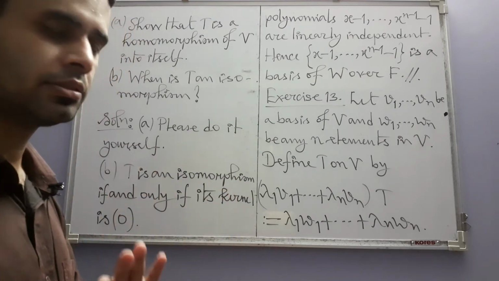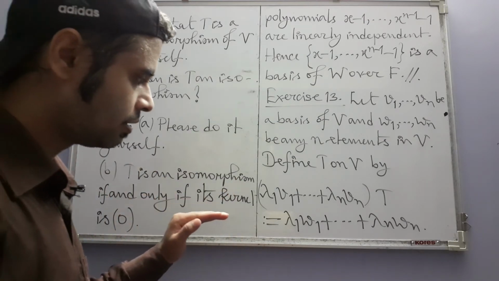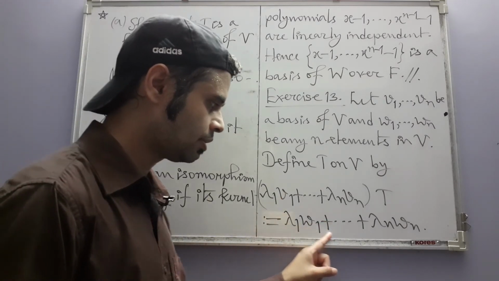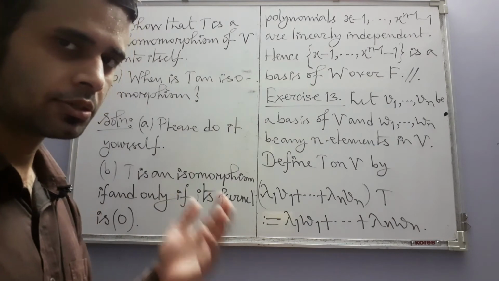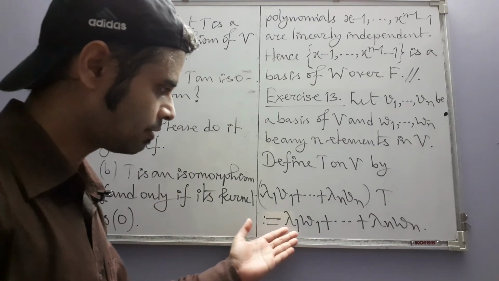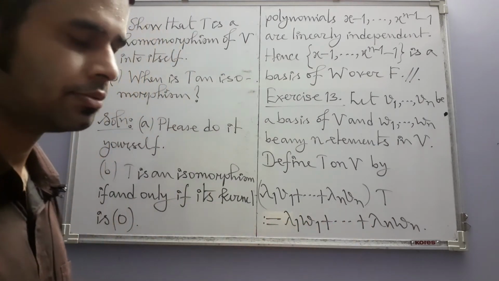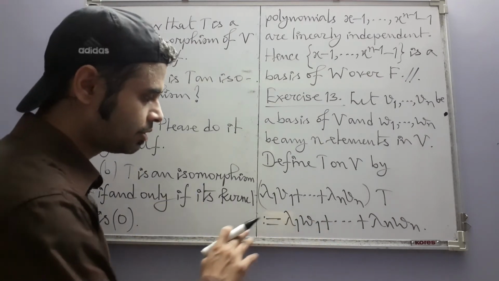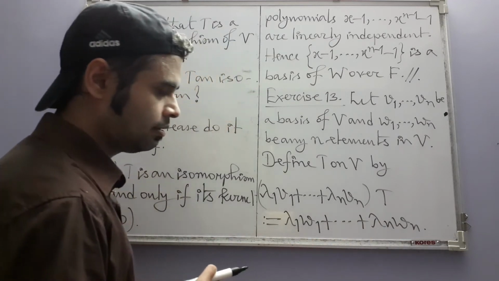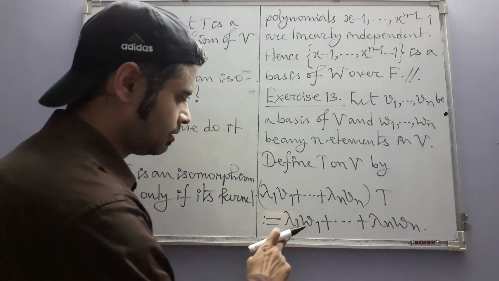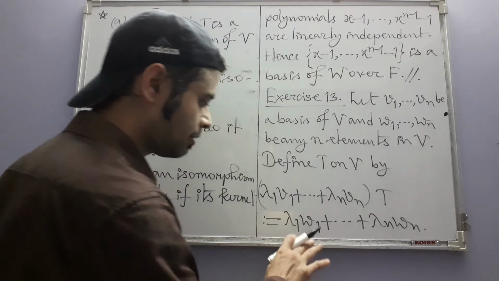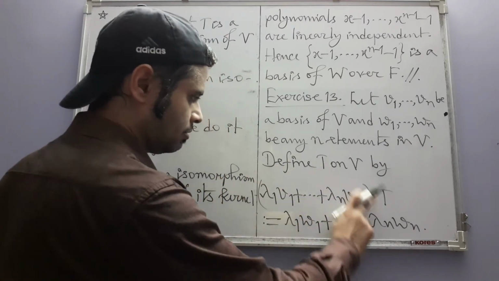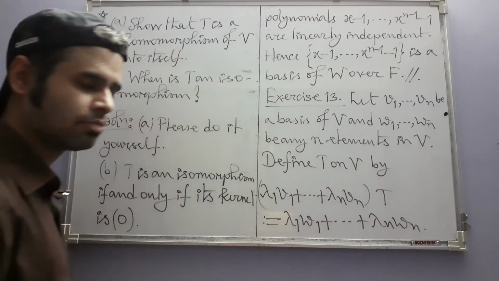But if the wi's are linearly independent, then there is only one way for this linear combination to be 0, and that is precisely when all the coefficients are 0. And that would mean that in the kernel only the 0 vector will be there.